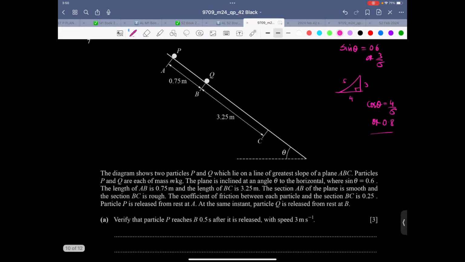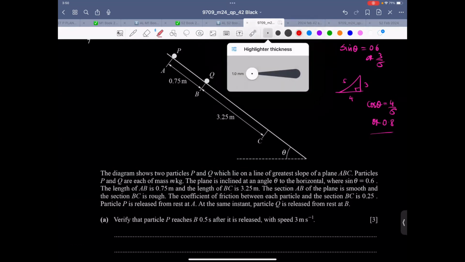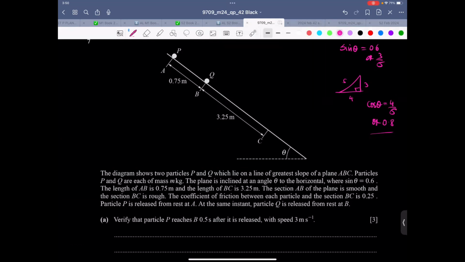Then it says the length AB is 0.75. So let me just highlight this thing. So let me make it a bit thicker. So this thing, the length AB, I need the straight edge. This length is 0.75.